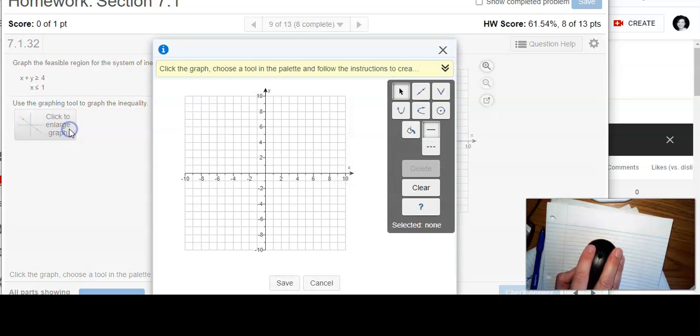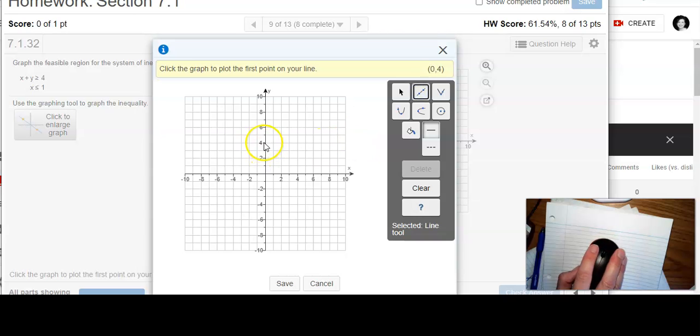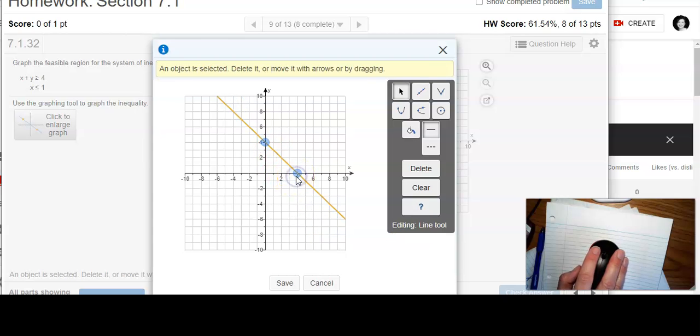Again, I'm going to use intercepts. If I zero out my x, y is 4, and it's a solid line. If I zero out my y, x is 4. Okay, so I know that this is the correct answer, and I also know that, well, let's just keep going.